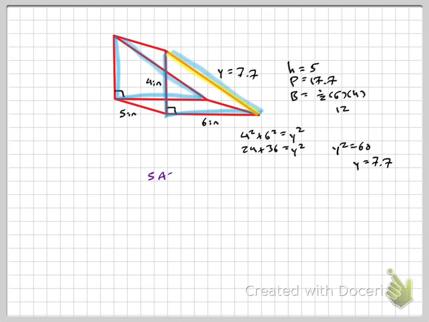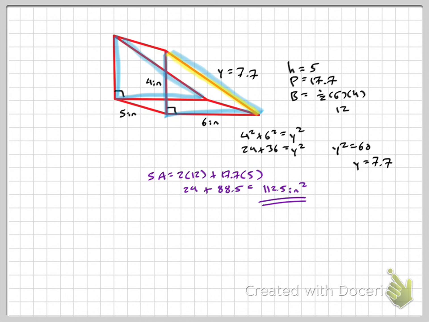So surface area equals 2 times the area of my base, which is 12, plus my perimeter times my height. 2 times 12 is 24. 17.7 times 5 is 88.5. 88.5 plus 24 is 112.5 inches squared.